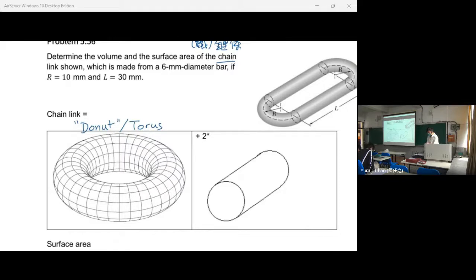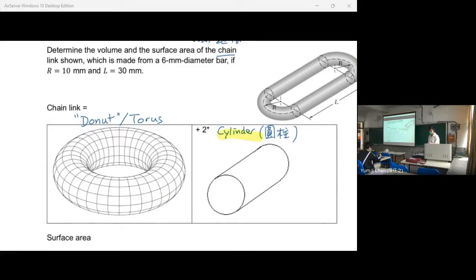For the right hand side, it is called a cylinder. Cylinder is more important, and the one on the left is just for you to know. And we will talk about this example on Tuesday.